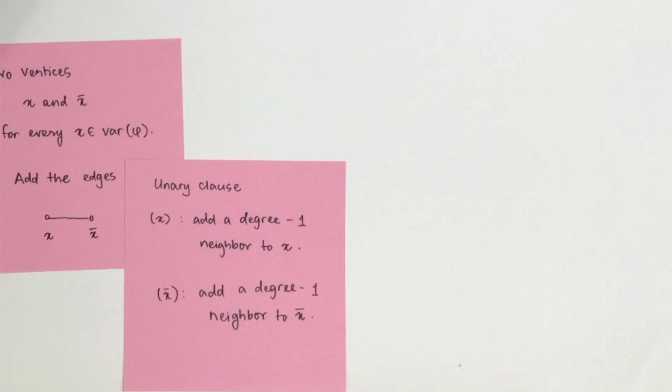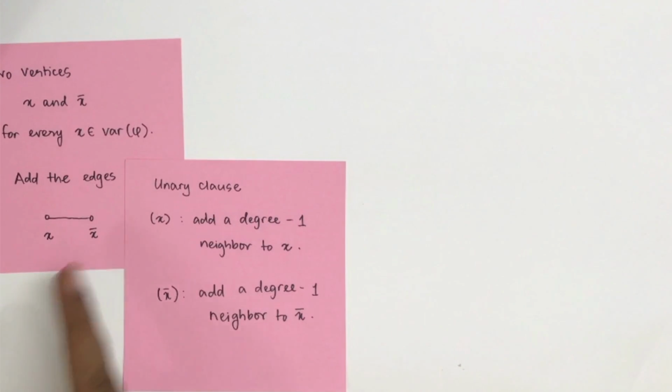Now, if you're thinking ahead a little bit already and you're wondering why we are doing this, then in some sense, the very high level intuition is that we somehow want to say that if you have a clause which is just 1 literal, then that literal has to be set in the way that is dictated by that clause in any satisfying assignment. And our vertex cover is somehow going to correspond to a satisfying assignment.